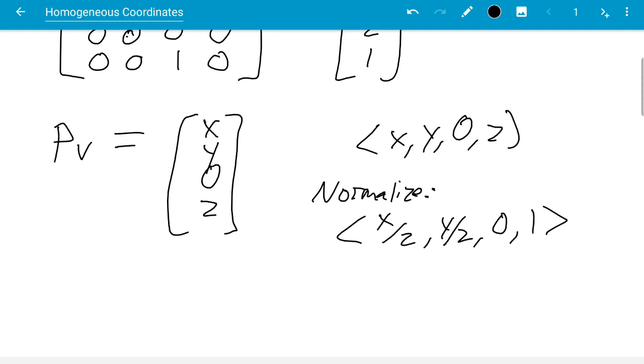If I do this to every point in a piece of geometry or an entire scene or world, notice my z value is 0. So everything is squished down right in front of the camera. It is at the z-coordinate 0. So that means I've kind of turned everything into 2 dimensions. There's no more third dimension. And to go along with that, in addition, I have divided my x by the z and my y by the z.